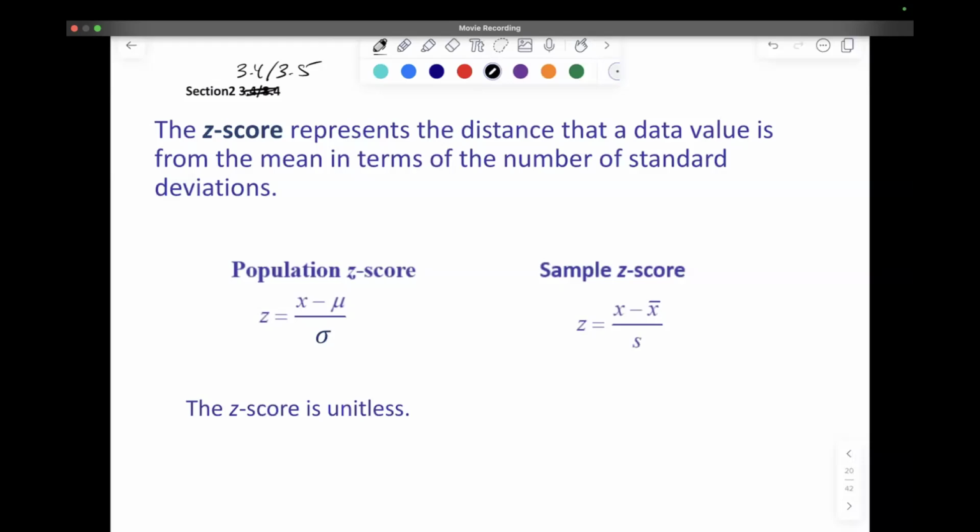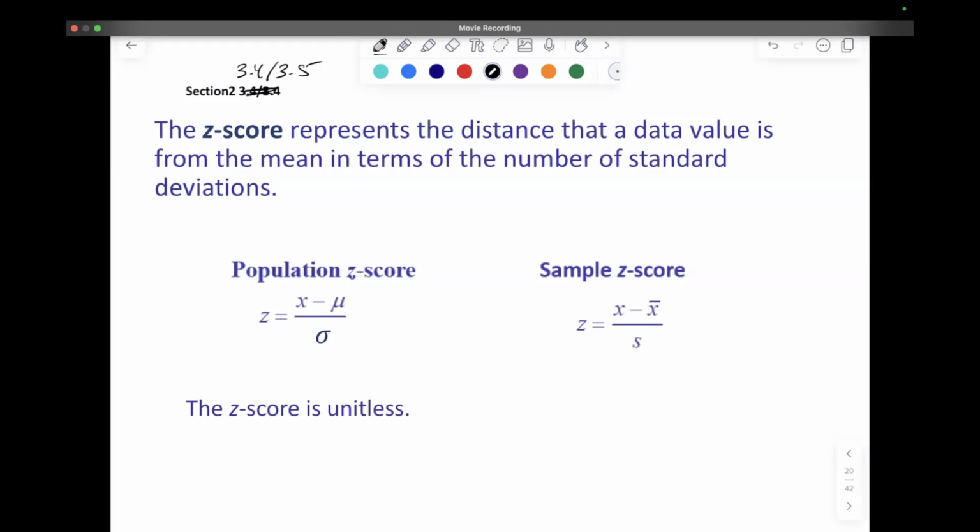So a z-score of 2 tells you that whatever data value you have is 2 standard deviations away from the mean. Any z-score larger than 2 or smaller than -2 would be an outlier, because remember, outliers are anything more than 2 standard deviations from the mean.